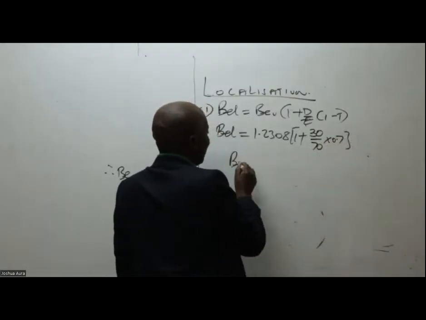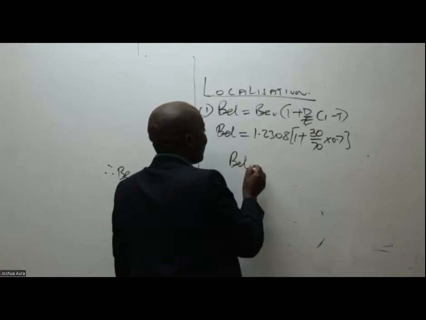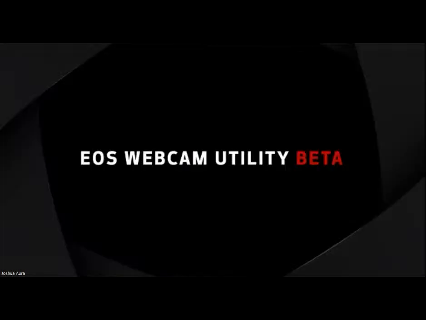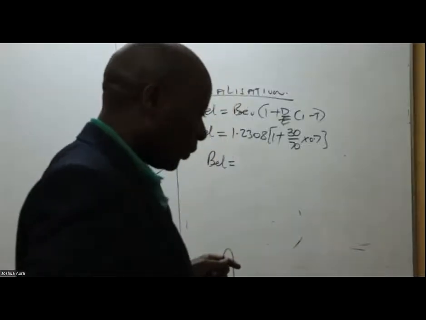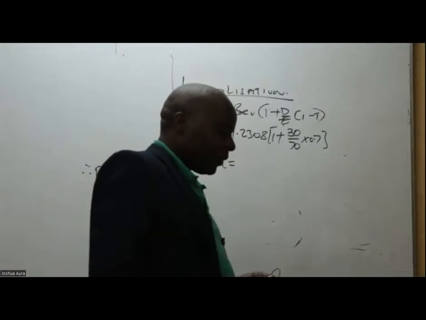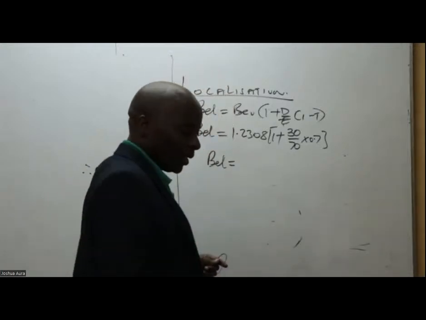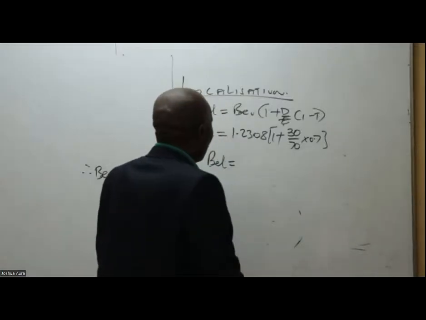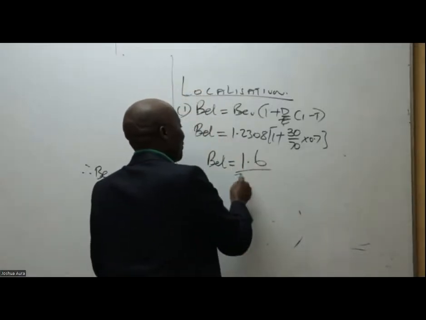Let me get that answer of BEL. It will be very similar to the one we got above. What are we able to see? So what does BEL come to at the end of the day? It is 1.6, and I hope this 1.6 is quite familiar to you guys.